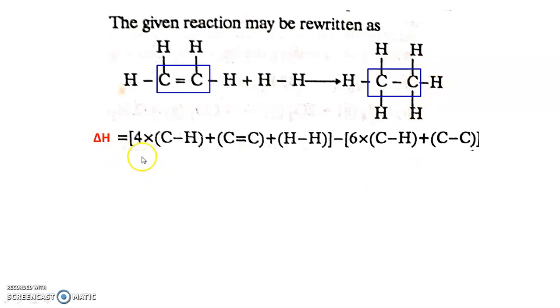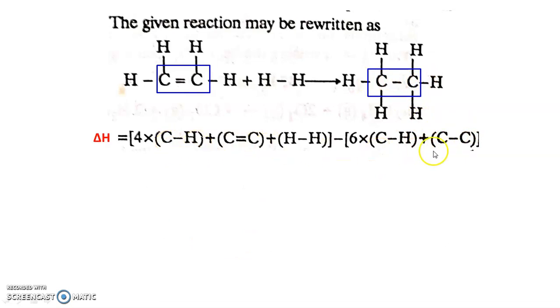So delta H is equal to 4 into CH. Why 4? Because there are 4 CH bonds plus carbon carbon double bond, there is one carbon carbon double bond, plus hydrogen hydrogen single bond, there is one hydrogen hydrogen single bond, minus in product there are 6 CH bonds, so 6 into CH plus carbon carbon single bond, there is one carbon carbon single bond.